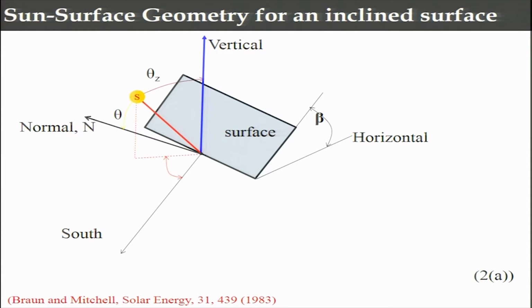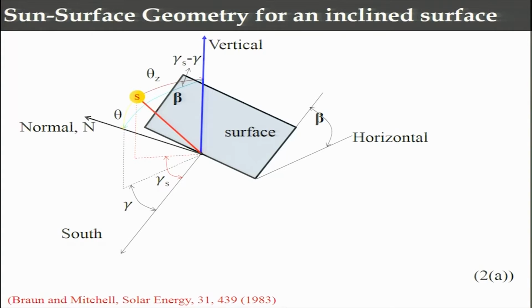First I can calculate the solar azimuthal angle. The solar azimuthal angle is the angle between the projection of the sun beam on the horizontal and the north south direction, which is gamma s. There is another azimuthal angle, which is the projection of the normal to the surface on the horizontal plane, and its angle with respect to the north south axis is gamma.